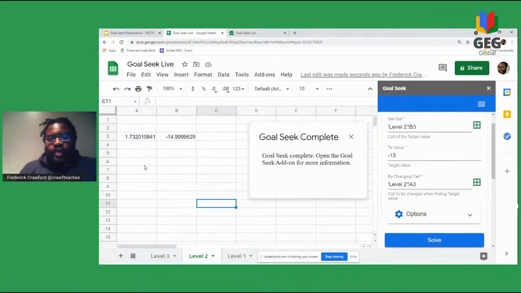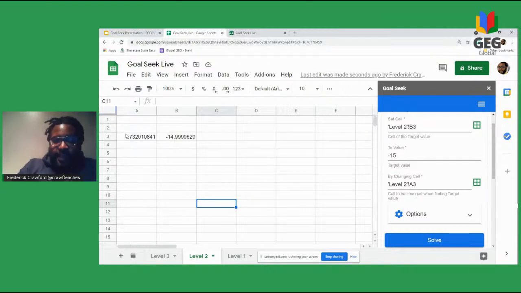So notice I have negative 14.999. So what I can do is solve it again just to get the answer that I want.